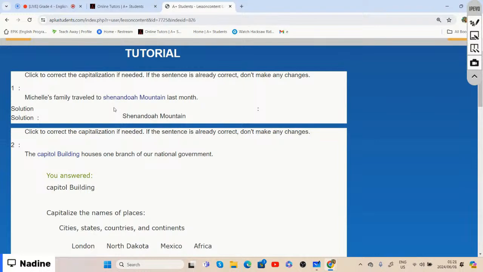All right. So it says Michelle's family traveled to Shenandoah Mountains last year. What is the word that we have identified?